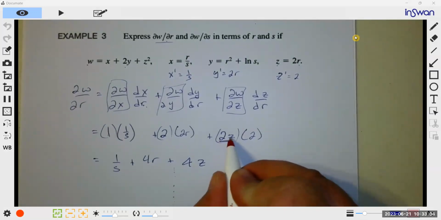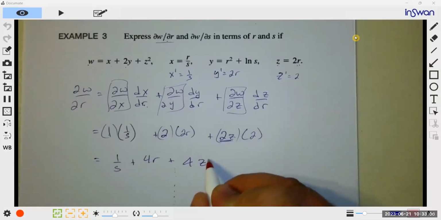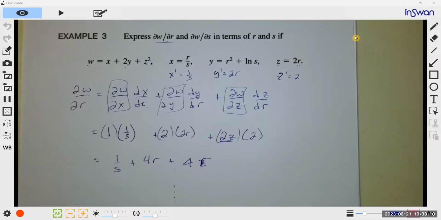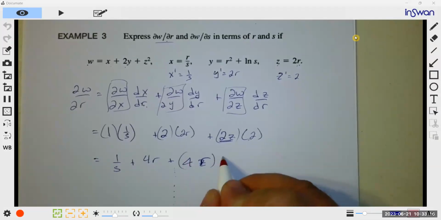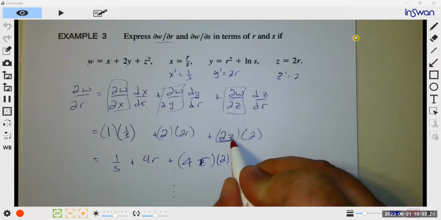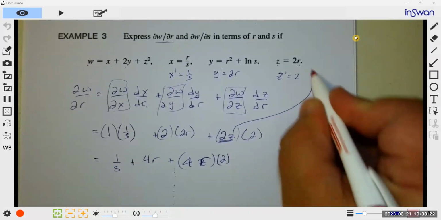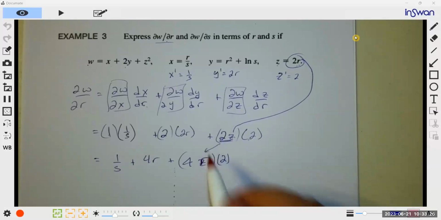Well, 2Z is R times 2. Remember, Z is 2R. So 2 times 2R is 4R.